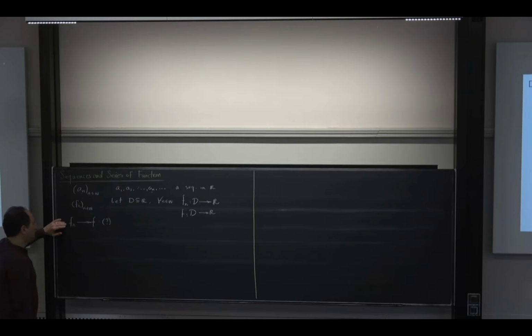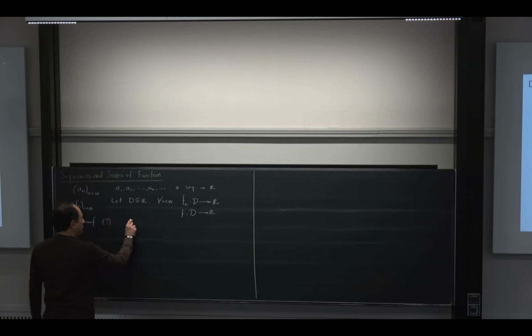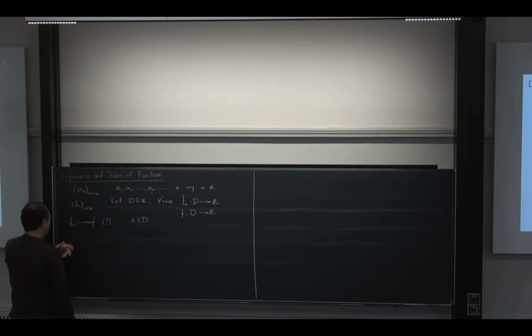Yes, you can say that, okay, I can pick one particular element from my domain, and instead of looking at functions, I will calculate my functions at that point. Then this is not a sequence of functions anymore, because x is a number in my domain. When f_n acts on x, it gives me a real number. So even though this sequence is a sequence of functions, this sequence is a sequence of numbers.